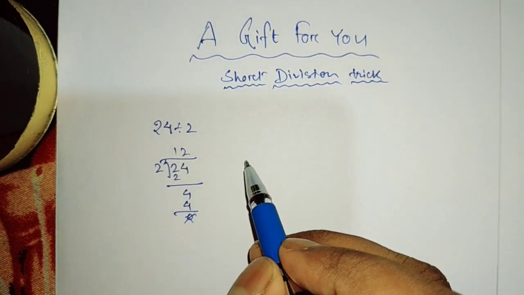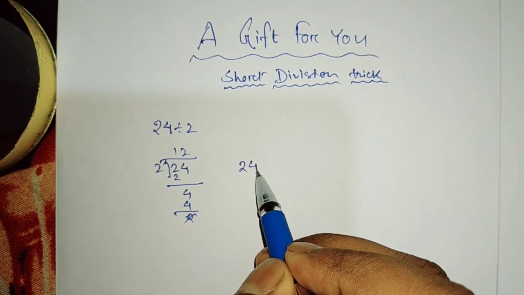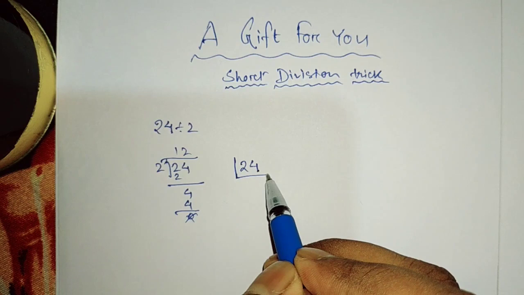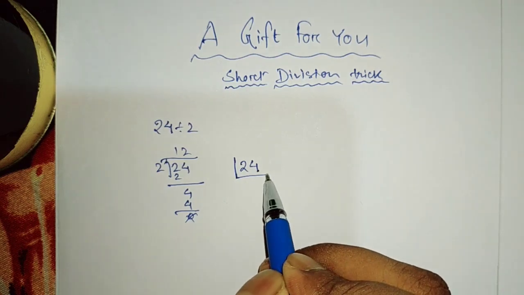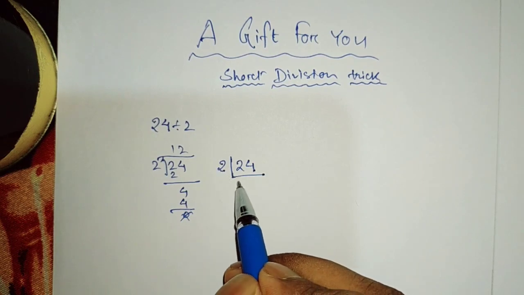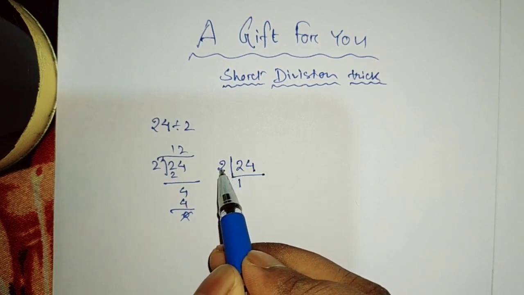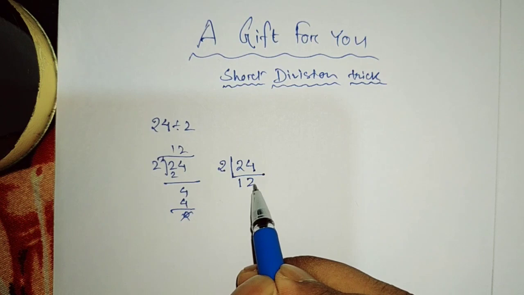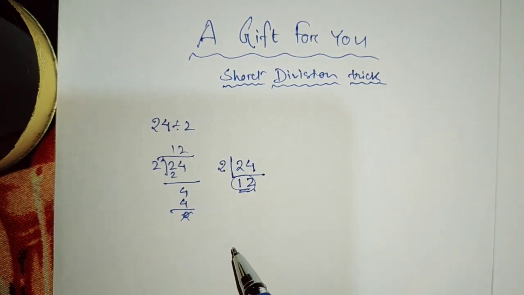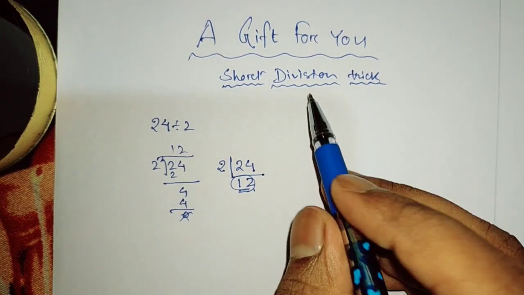But in our short division, we'll take 24 here, and rather than giving it like this, we give it like this. That makes it short. And if you have to divide by 2, 2 ones are 2, 2 twos are 4, 12 is the answer. See how easy it is.